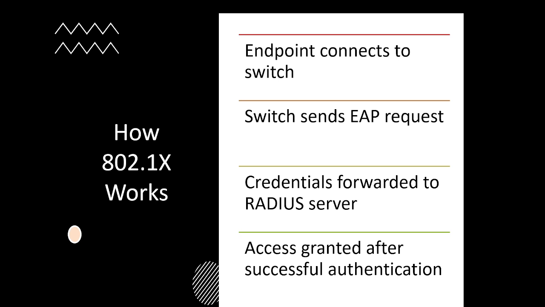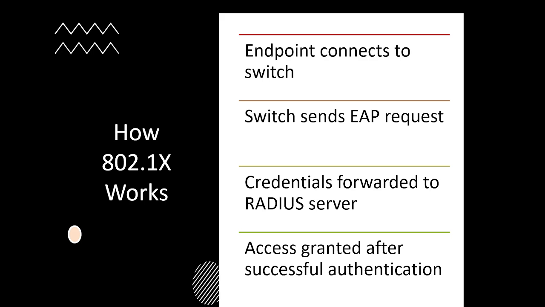How does 802.1x work? Now let's understand the complete flow step by step. First, the endpoint connects to the switch. Second, the switch blocks normal traffic initially. Third step, the switch sends the EAP request.